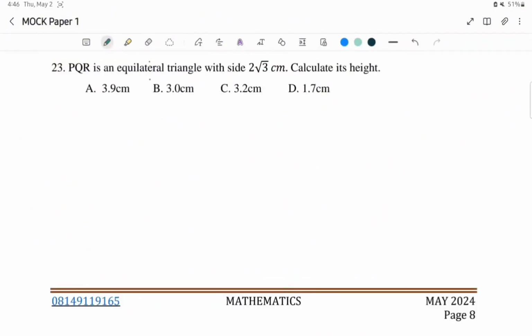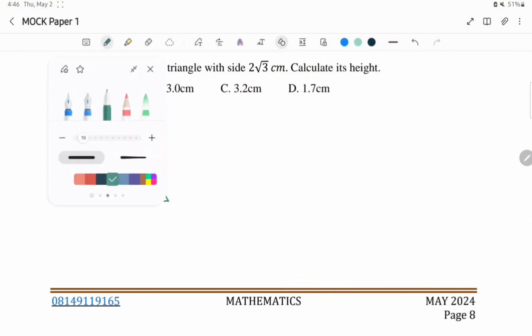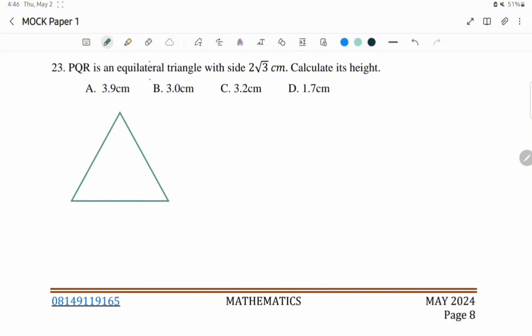PQR is an equilateral triangle with side 2√3 cm. Calculate its height. For an equilateral triangle, all sides are equal: 2√3, 2√3, 2√3.